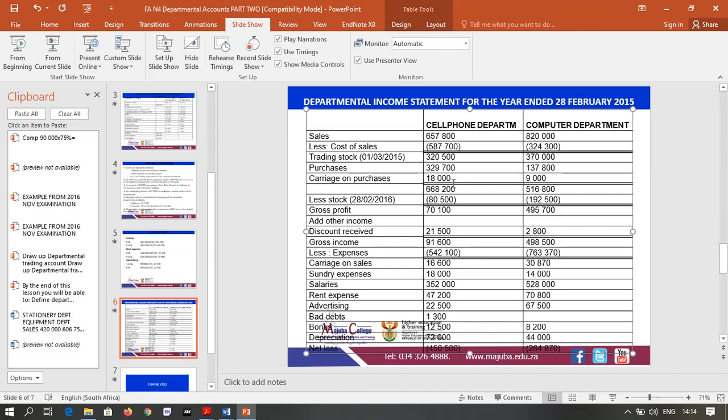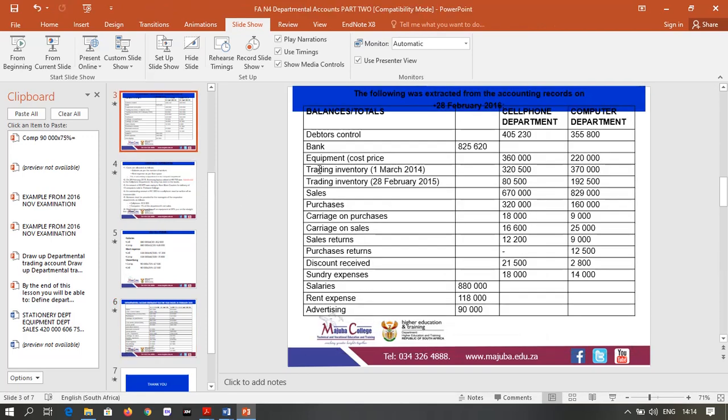When you add all those amounts, you are getting 668,200. And less closing stock. This is a closing stock of 80,500. Where did you get this closing stock? It is already given here, on the information that was extracted.